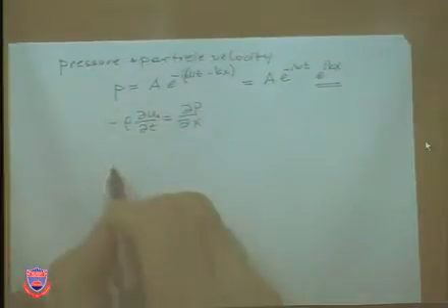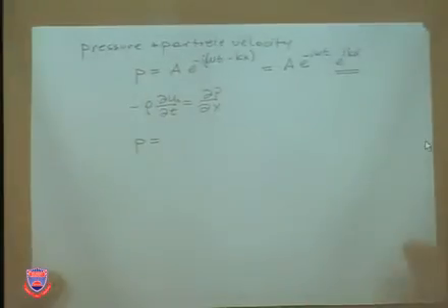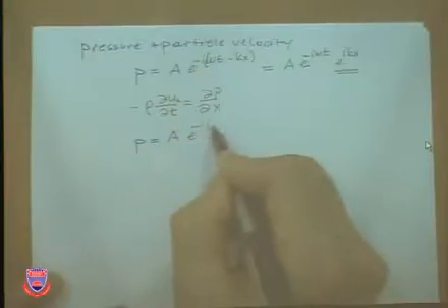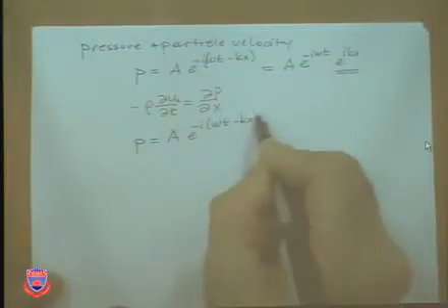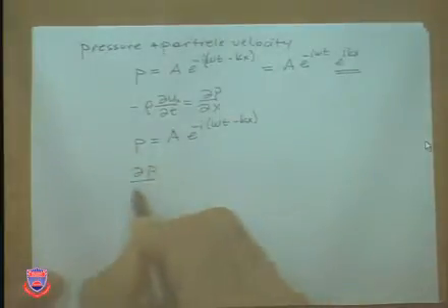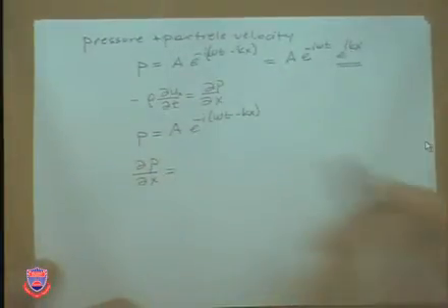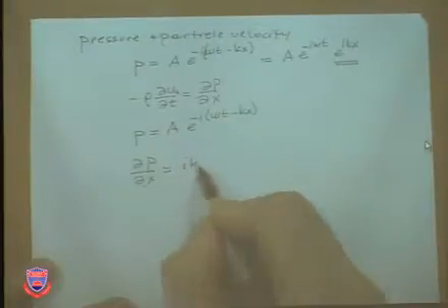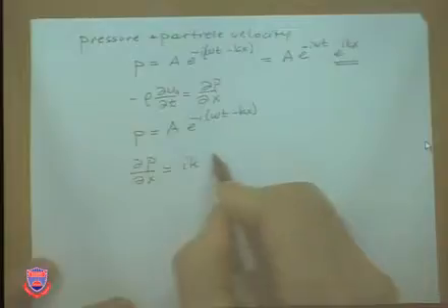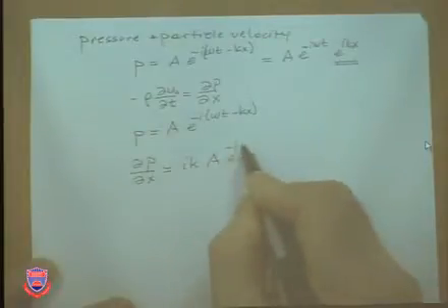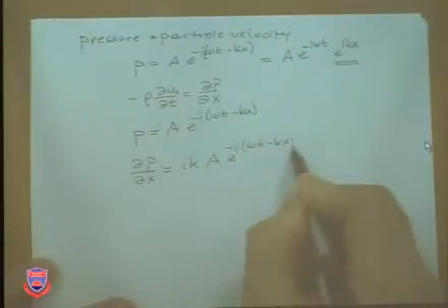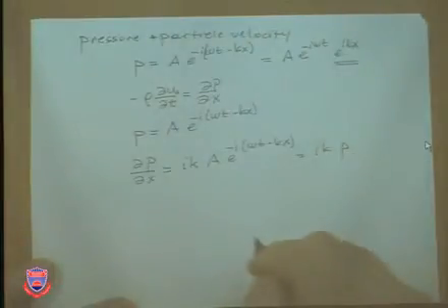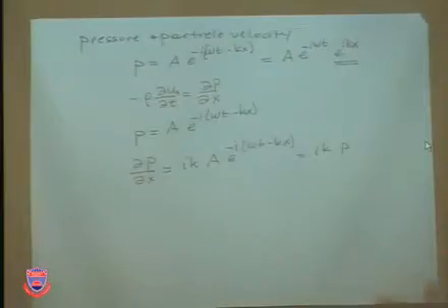Now, if pressure is expressed as such, del p over del x is, from here, ik A e to the minus i, so it's, okay, ik times itself.